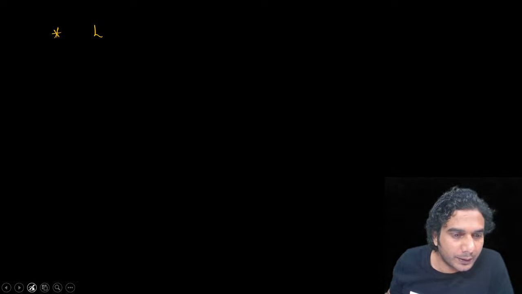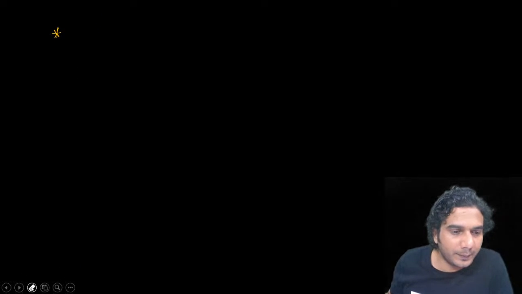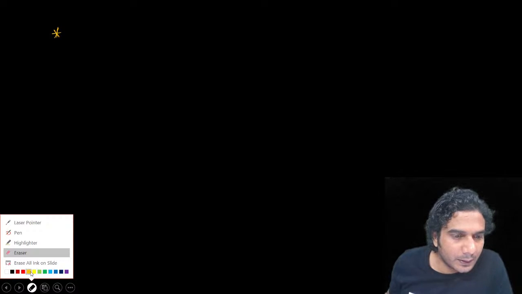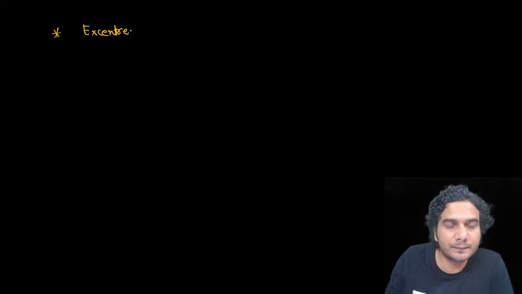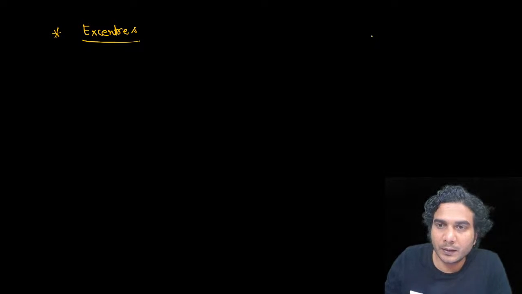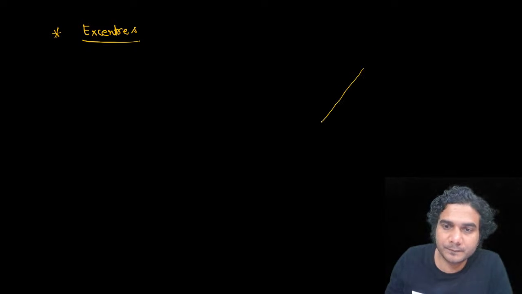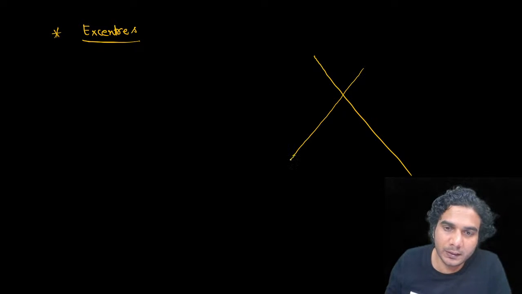Oh, wait a minute. One more point is remaining: excenters. Let me cover that also. So what is an excenter? I'll tell you. If you draw a triangle, four circles can touch all three sides of a triangle.